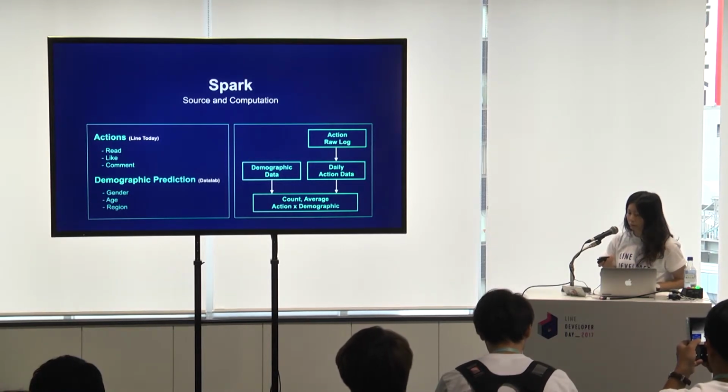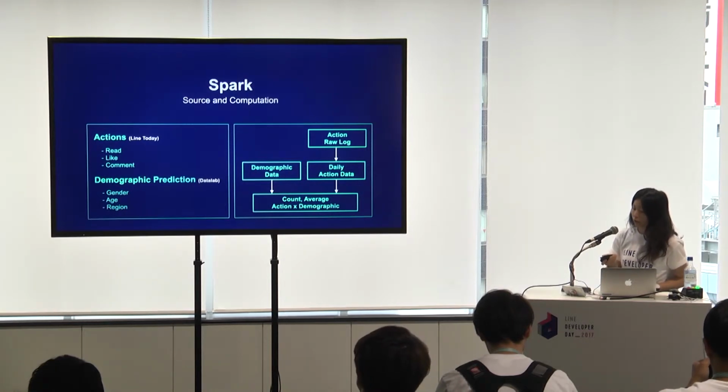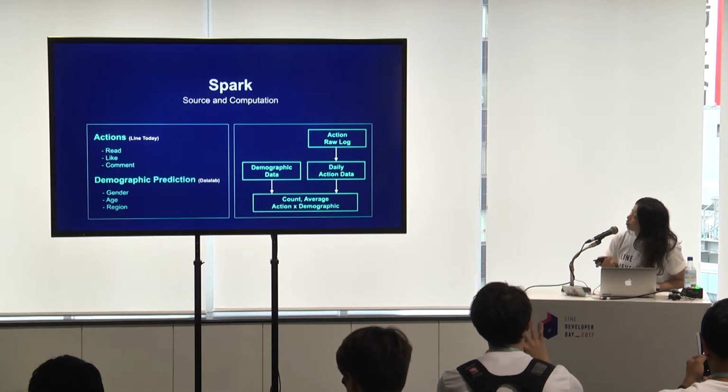With these two data sources, we can know the distribution of user demographic attributes, such as gender, age, and region. And you can see the diagram on the right-hand side.